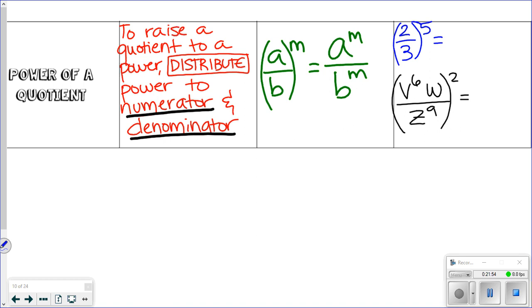So 5 is distributed to 2 and 3. So it's 2 to the 5th power over 3 to the 5th power. Go ahead and type that into your calculator for me. You could leave your answer like that, or you could write 32 over 243, which doesn't reduce or simplify. So 2 to the 5th power over 3 to the 5th power, or 32 over 243. Either answer works.